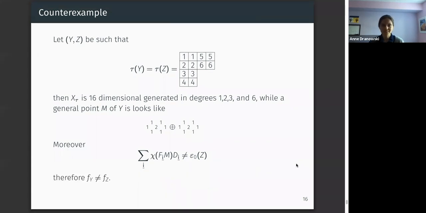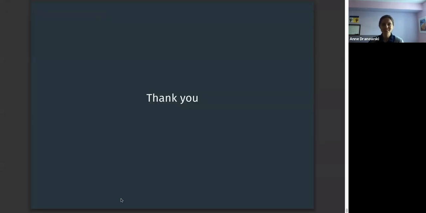Okay, and counterexample, wrong notation, should be psi M and BZ. But I think that is the last thing that I wanted to say, so thank you very much. Lots of details very quickly there, so if you have questions, I'd be happy to answer them in the breakout.